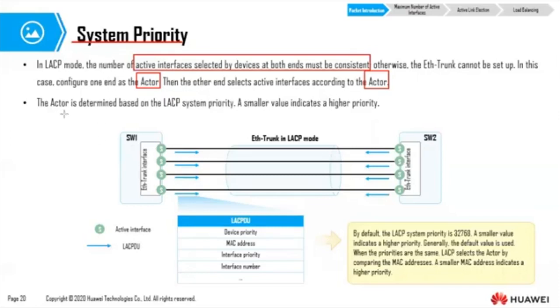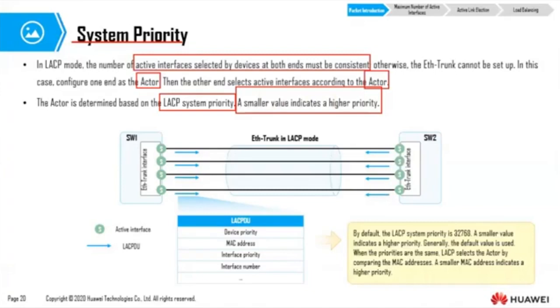So the actor is determined based on the LSCP system priority. Just like in STP, a device with a smaller LSCP system priority is selected as the actor. Is that clear?